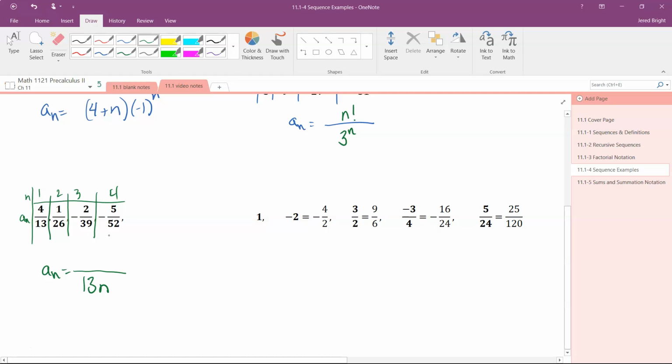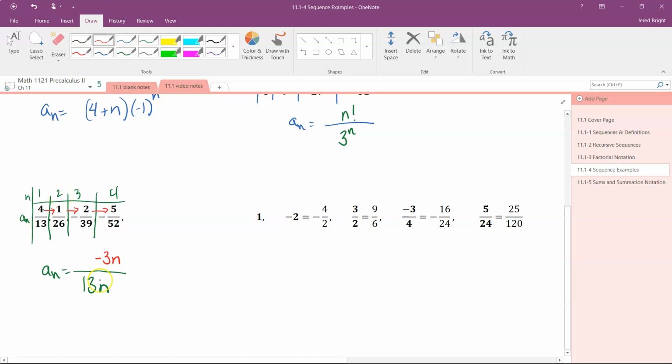Now the next thing is what to do with the numerators. The numerators continually decrease by 3, so it's like I'm subtracting 3, and I subtract it based on the sequence value I'm in.